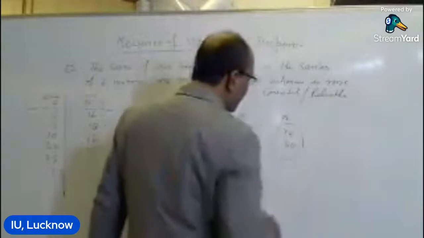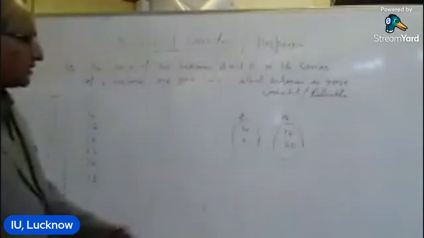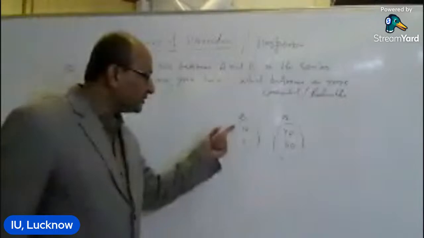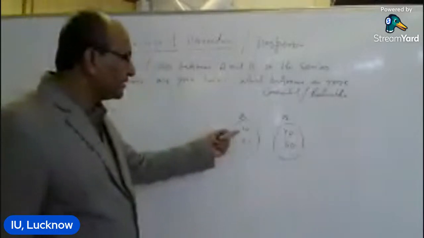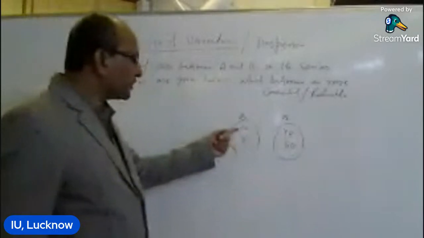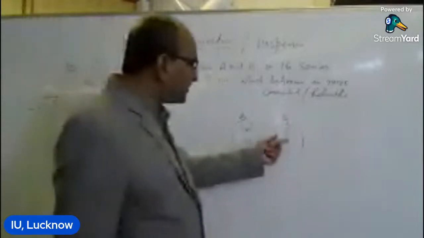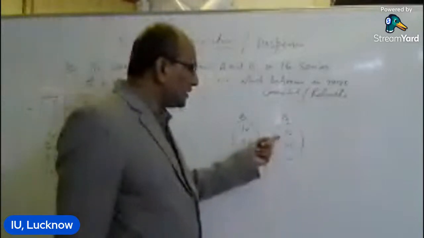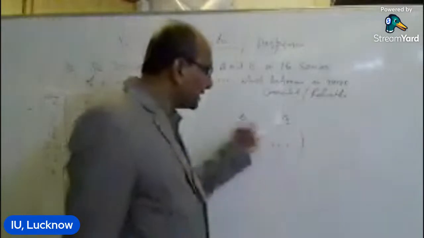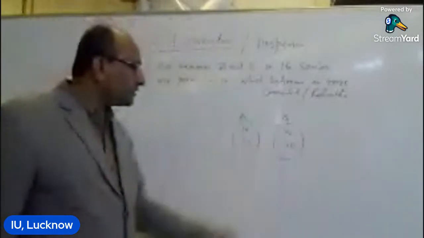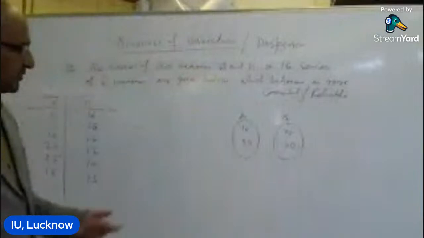Both have 100 total score in two matches, but the distribution is different, 10 and 90 for A and 40 and 60 for B. The average of both batsmen is the same, 50.